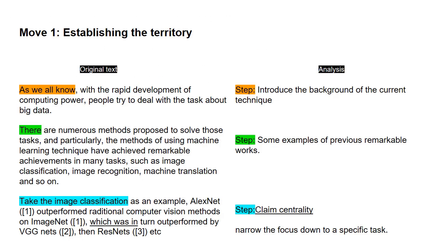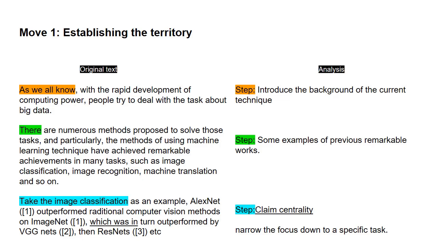Here is the content of my paper's introduction part. The first move is to establish the territory. The first sentence tells us the background of the current machine learning techniques, and tells people that nowadays people try to deal with big data tasks that require large computation.